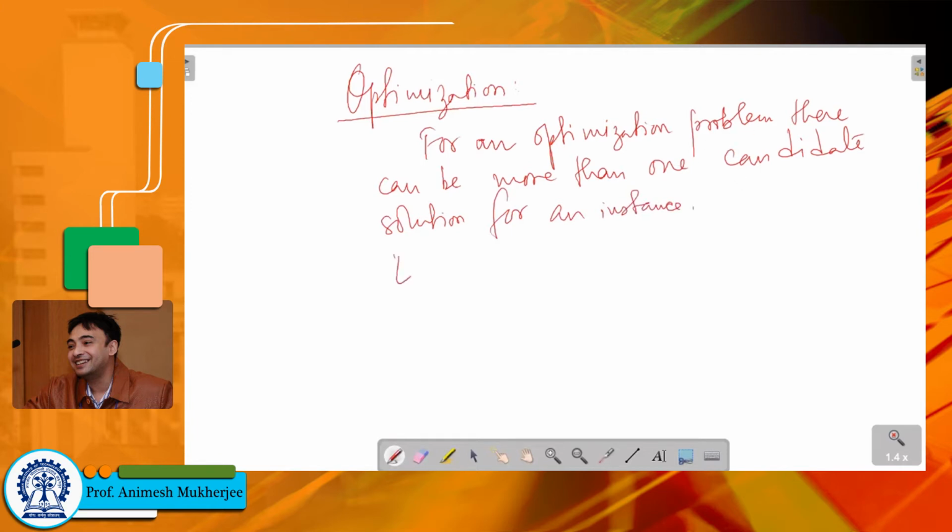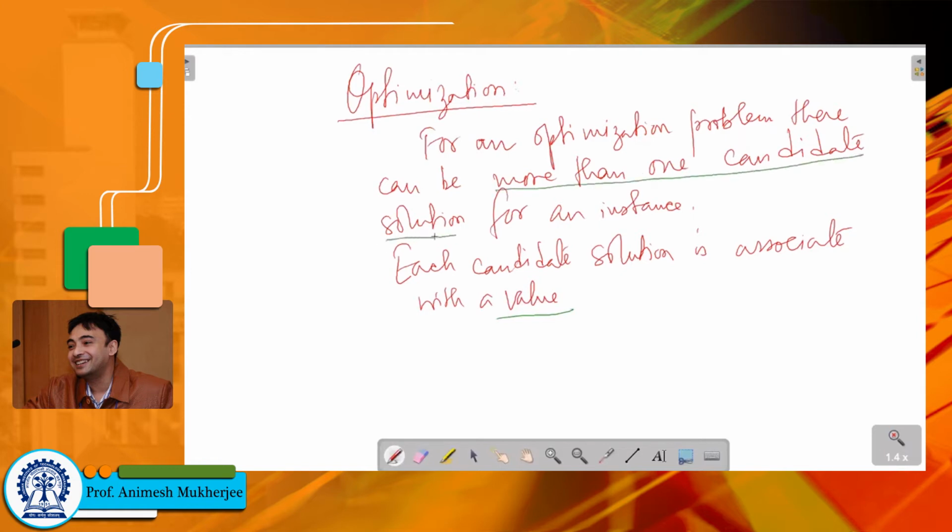And further, each candidate solution is associated with a value. So you can have more than one candidate solution. That is the first thing. And the second thing is that each candidate solution is associated with a value.